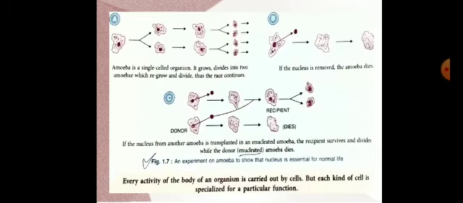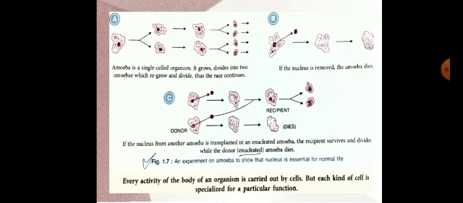Now children, you can see three pictures on this slide, A, B and C. This is an experiment. A few scientists have done an experiment on amoeba. What is amoeba? It is a unicellular organism, a single cell organism. It grows and divides.